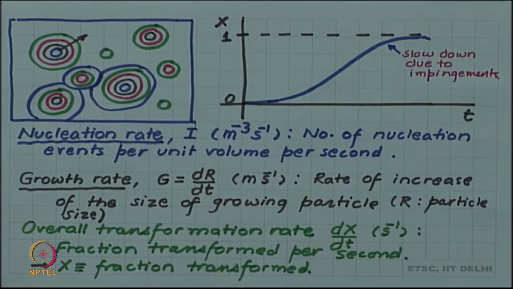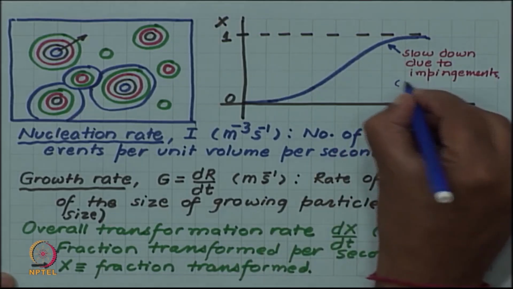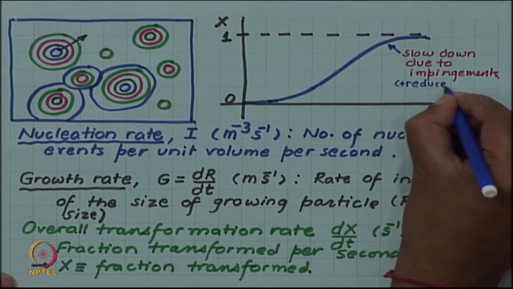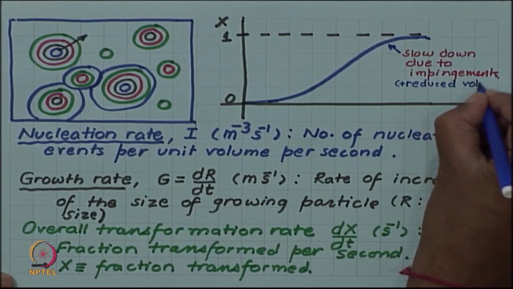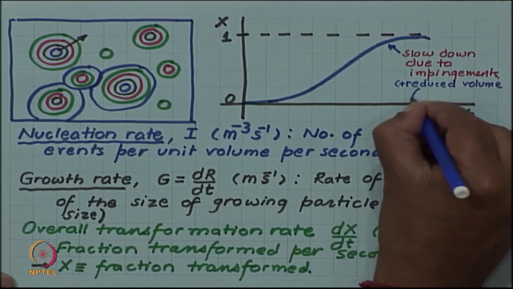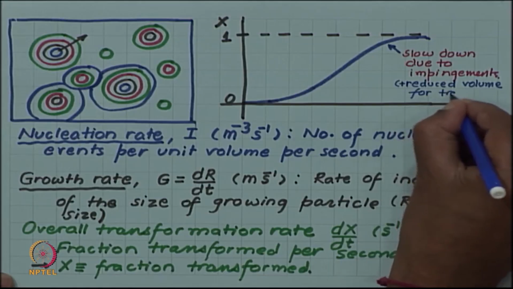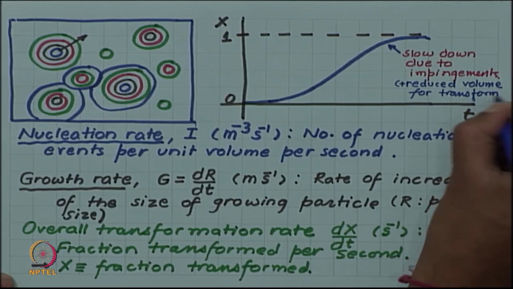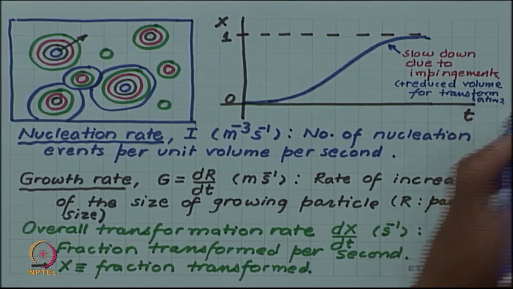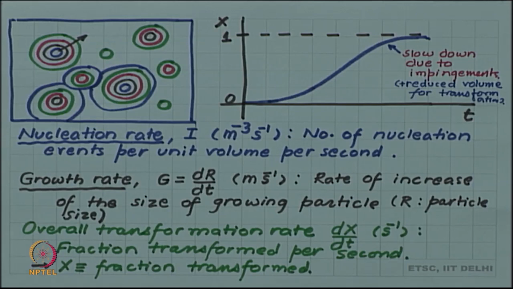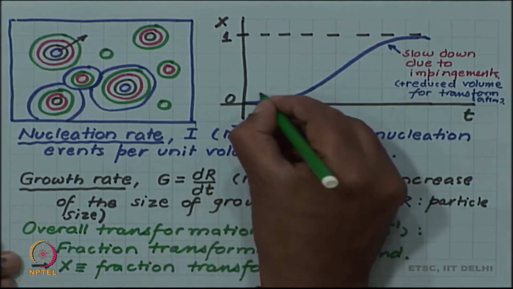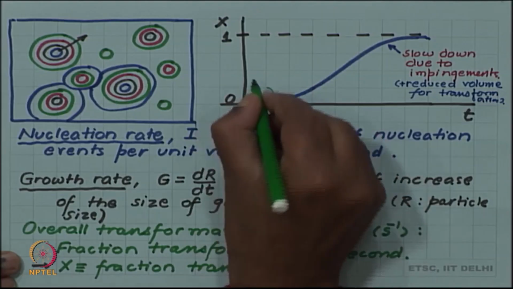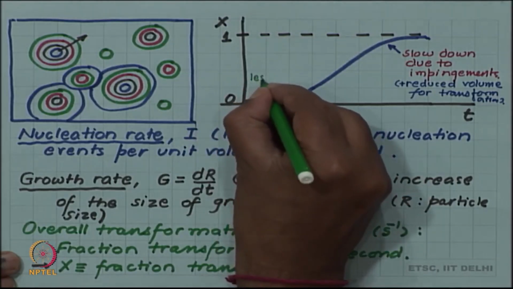So, this will also lead to this slowing down, plus reduced volume available for transformation. The initial part is slow, as I have already told, because of less number of nuclei.